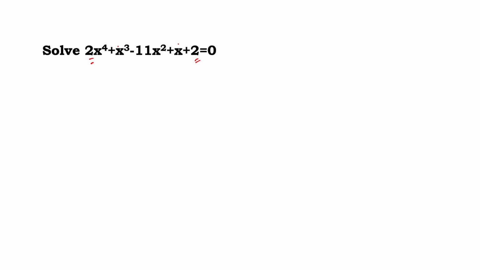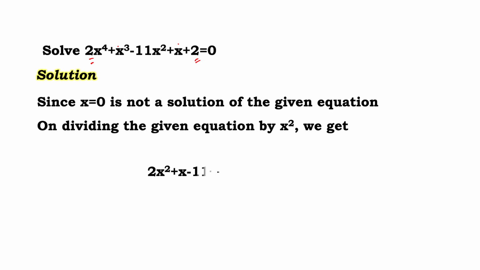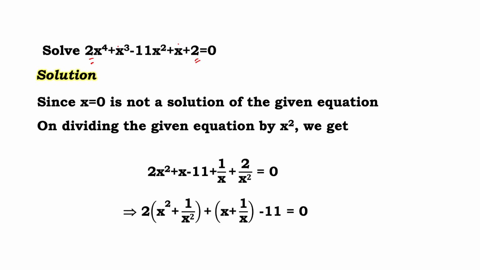So when you divide this by x square, since x is not equal to 0, right? x is not equal to 0 means x is equal to 0 is not satisfying the equation. So when we divide this by x square, we are able to convert this into a quadratic. This is x square plus 1 by x square, and this is x plus 1 by x.